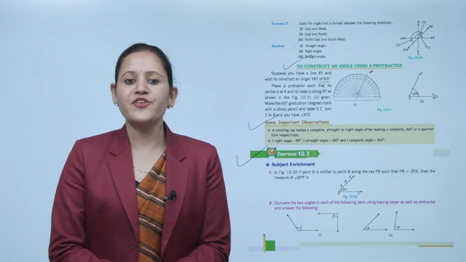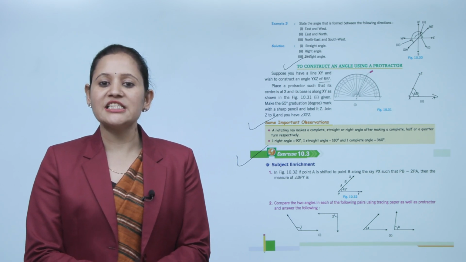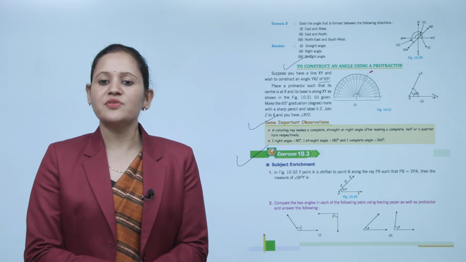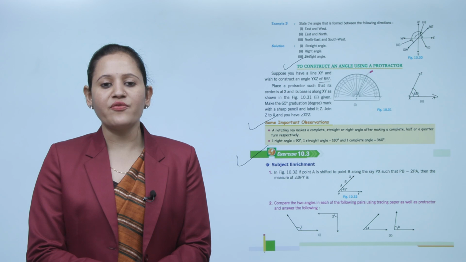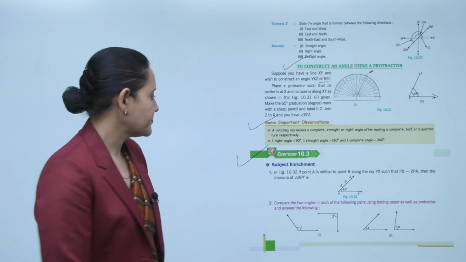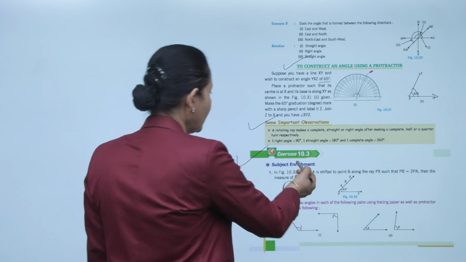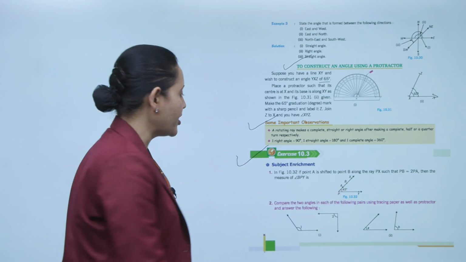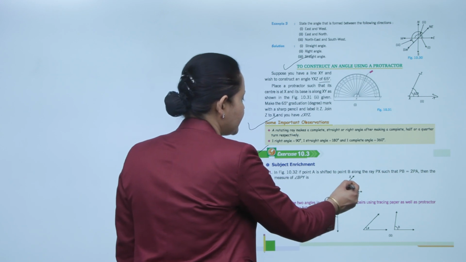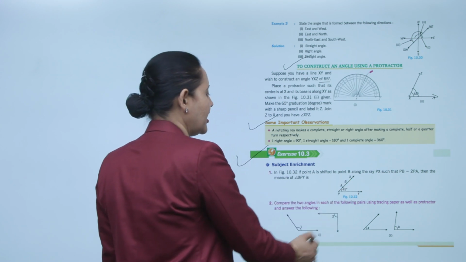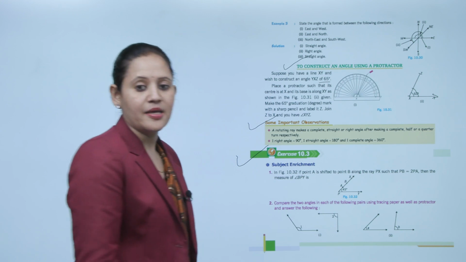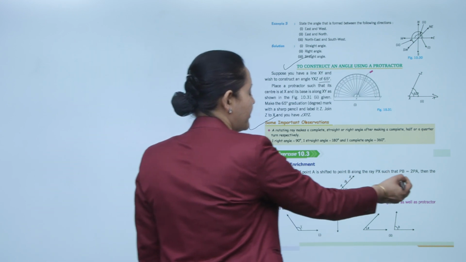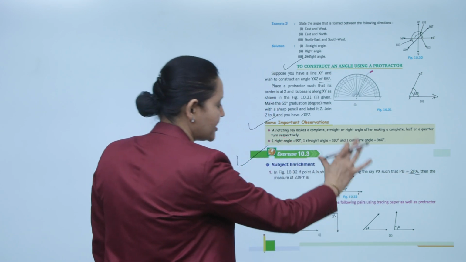Subject enrichment. In figure 10.32, if the point A is shifted to point B along the ray PX such that PB equals 2PA, then the measure of angle BPY is? If this point A is shifted to point B, shifted here along the ray PX such that PB is 2PA, meaning double of PA.